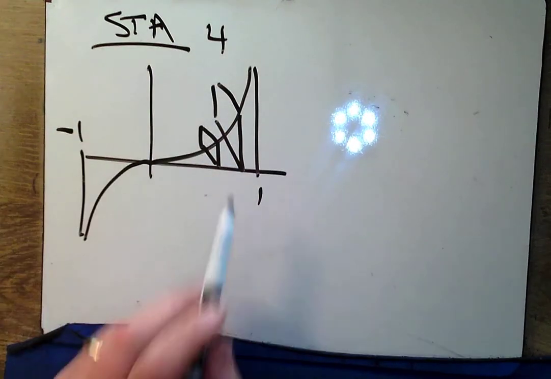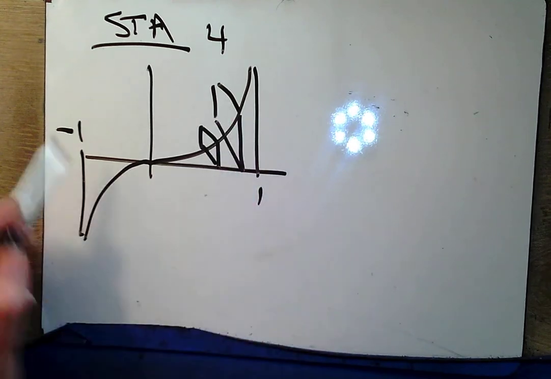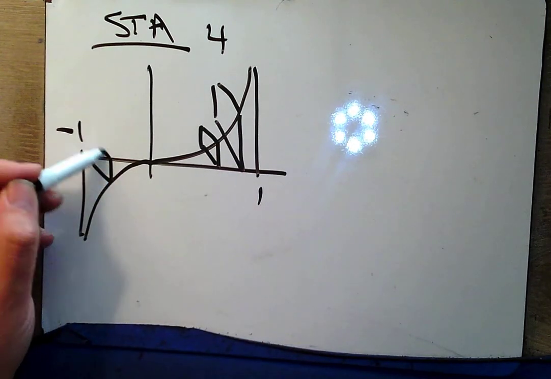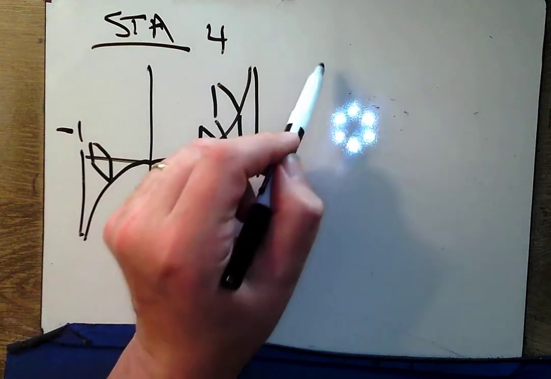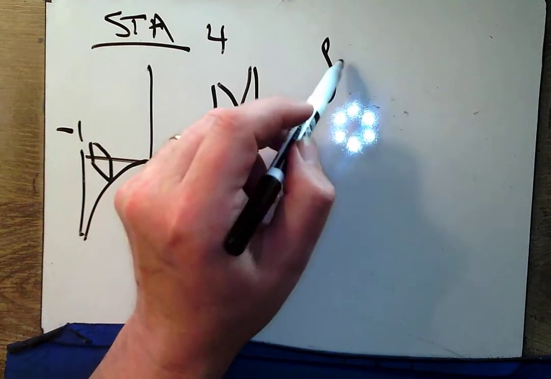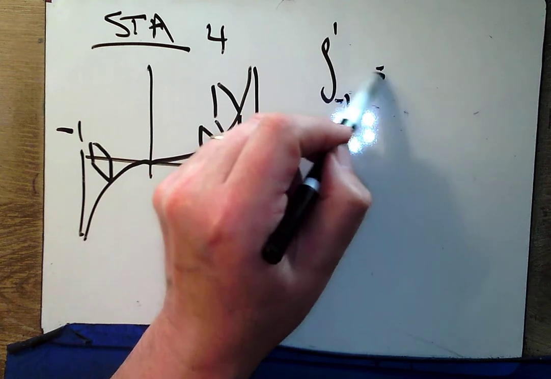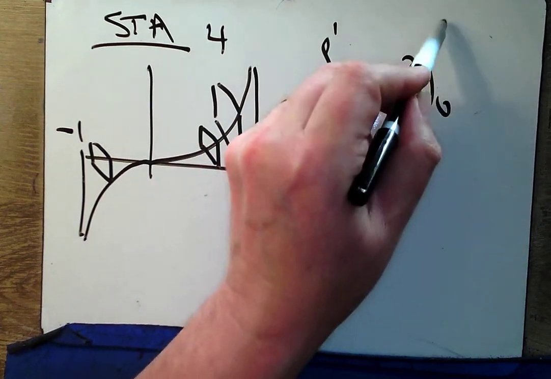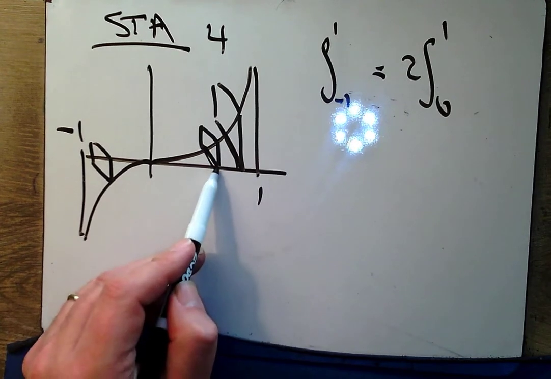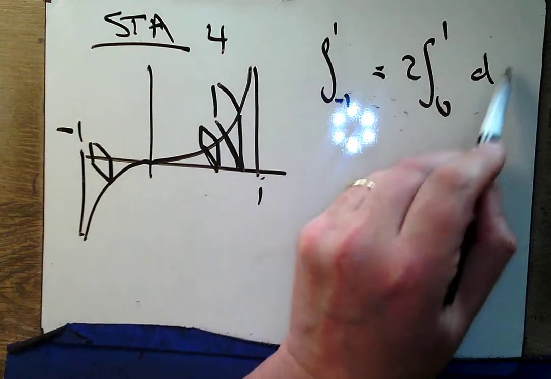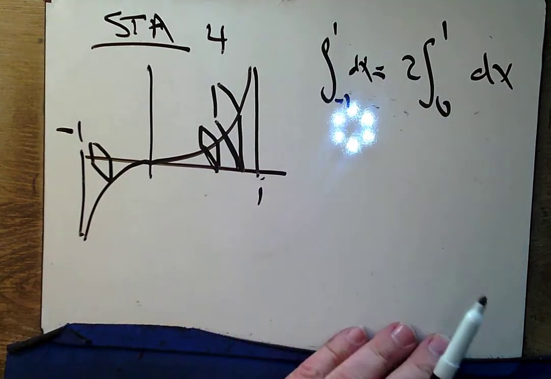Now, what I do know is that the squares I draw here and the squares I draw over here are going to be the same. And so really, instead of integrating from -1 to 1 in this situation, I'm going to do 2 times 0 to 1. I see that these are slicing the x-axis, so I know these will be dx integrals.